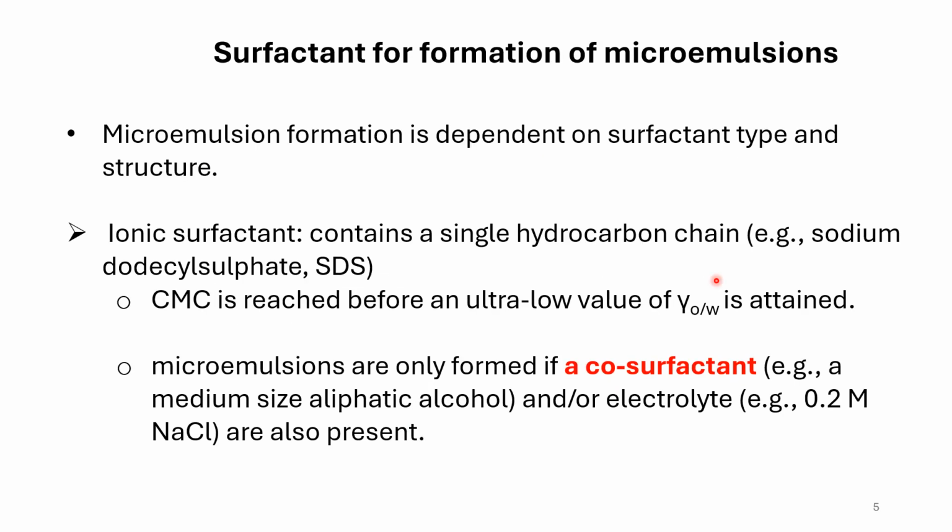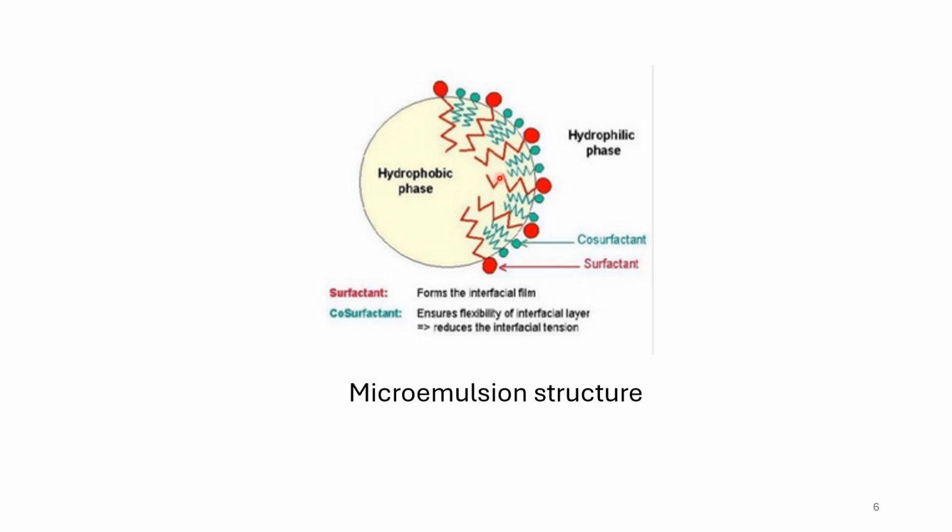If we use an ionic type of surfactant, such as sodium dodecyl sulfate, then we will need the co-surfactant to reduce further the interfacial tension. The example of the arrangement for this SDS in the aqueous phase is similar to the figure given here.